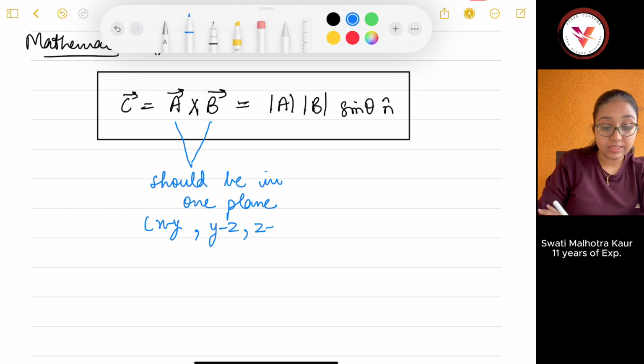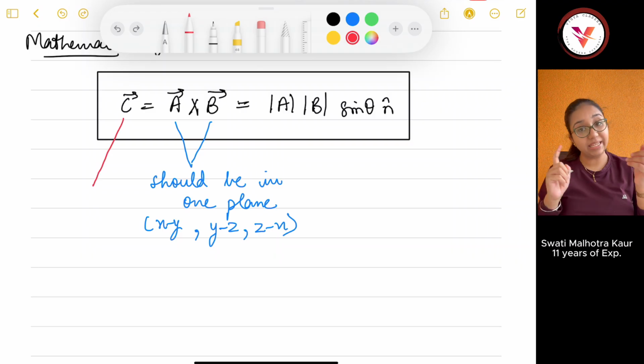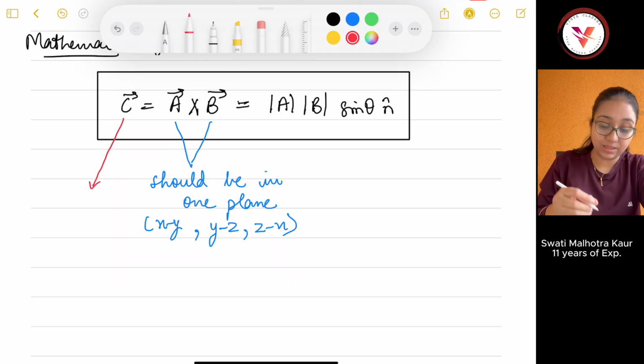And this C vector then should be perpendicular to that plane. Okay, if A and B are in the xy plane, then C should be along z. If they are in yz, then x; zx, then y, like that.